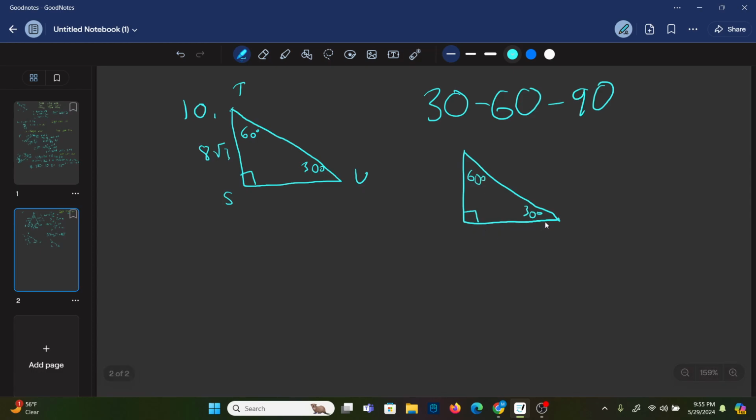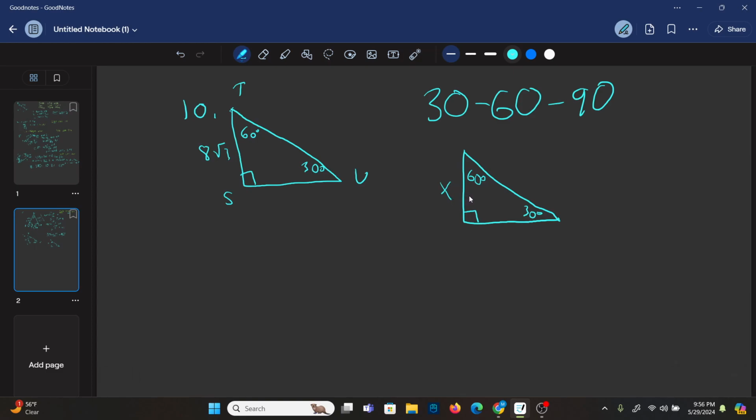The short leg is this side across from the 30, and we're just going to call this x.